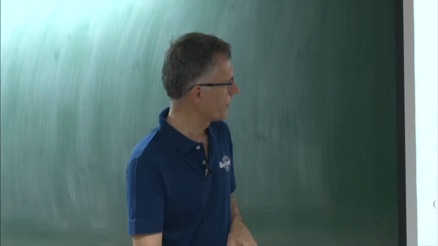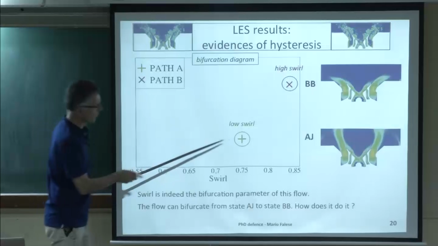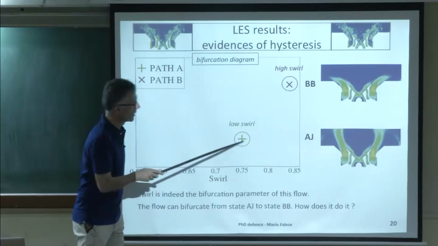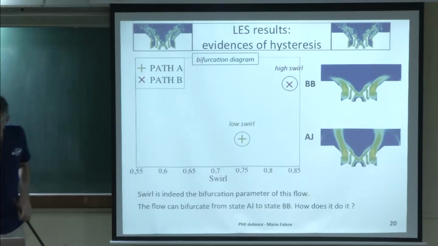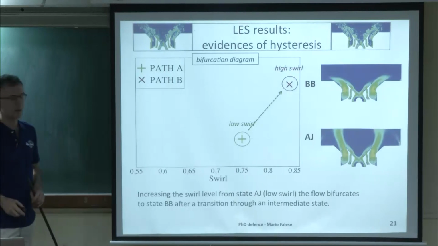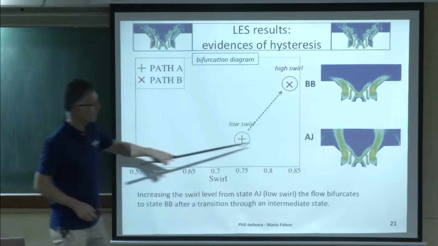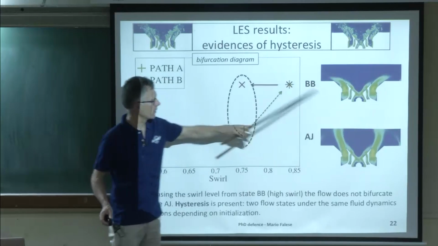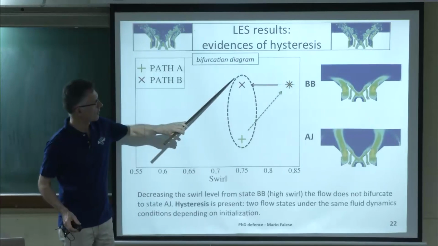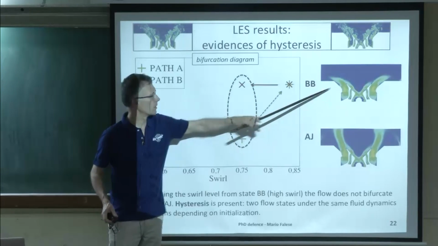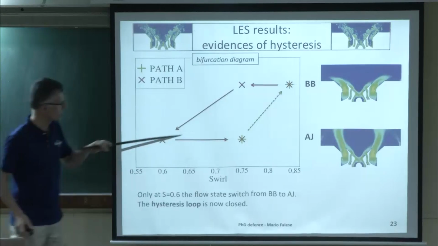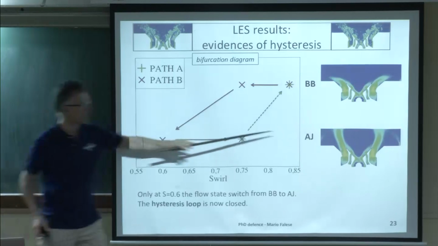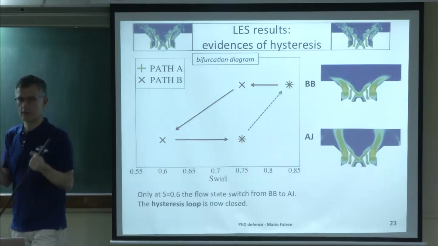For example, here, if you start from a low swirl value when you have an actual jet and you increase the swirl, you will go to this point. So I'm here, I'm increasing the swirl, I'm going here. But now if I decrease swirl back to this point, well, I'm staying on this position. And I have to decrease it much more to be able to go back to this position. So this flow has a memory, if you want.